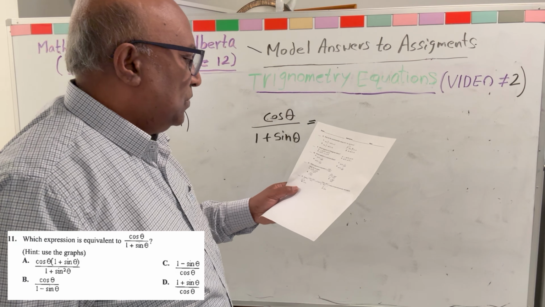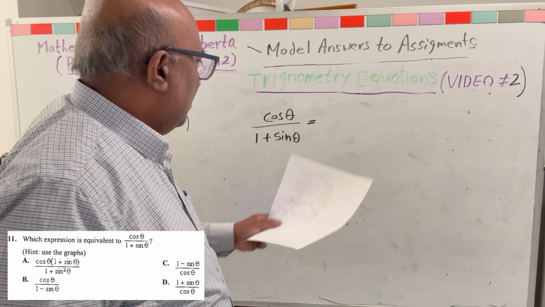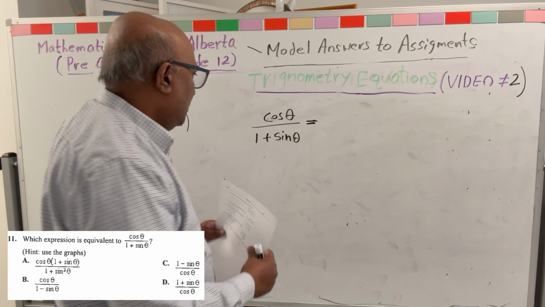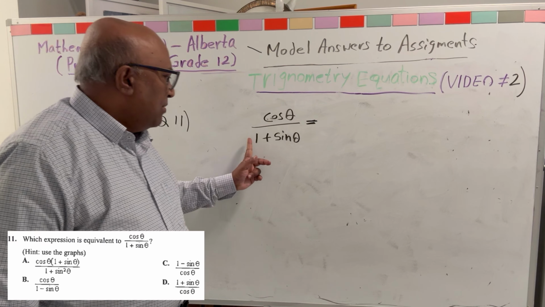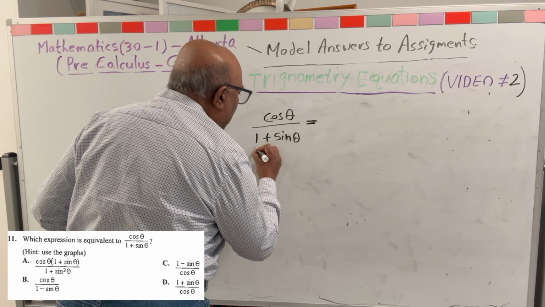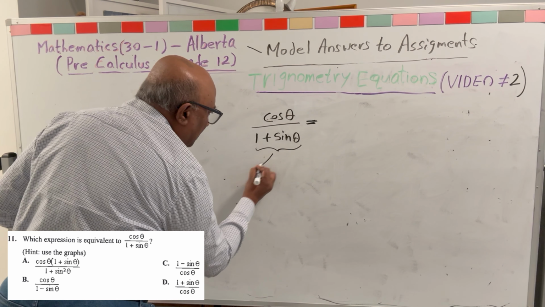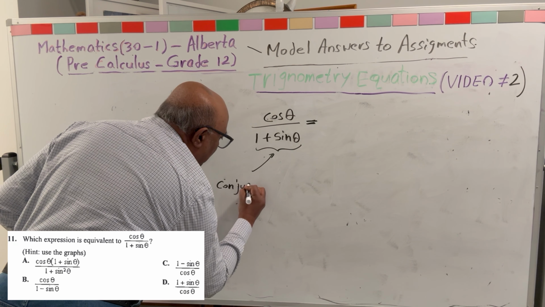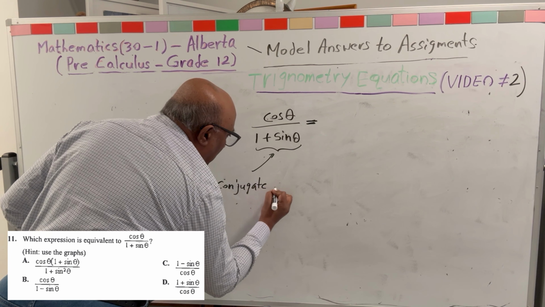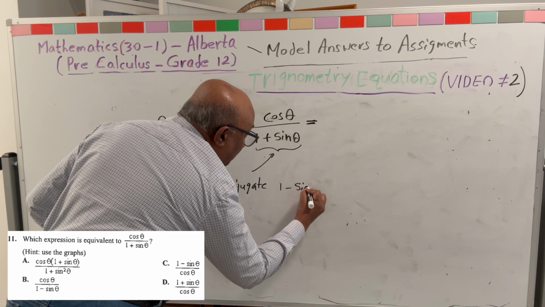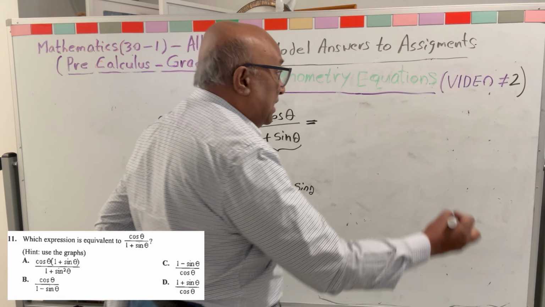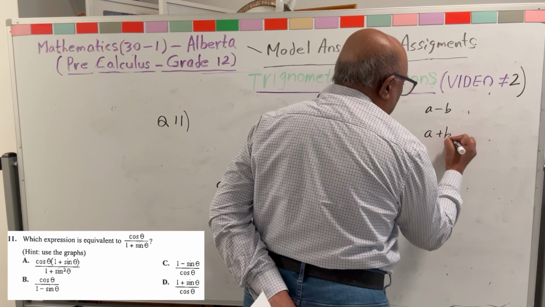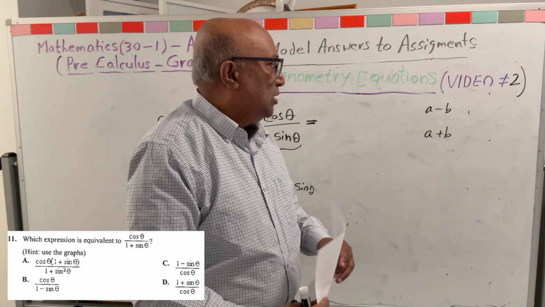Okay, how do we start? In this case, we can use one trick. Let's identify the conjugate of the denominator. It is 1 minus sine theta. We know from basic algebra, a minus b is the conjugate of a plus b, and a plus b is the conjugate of a minus b.